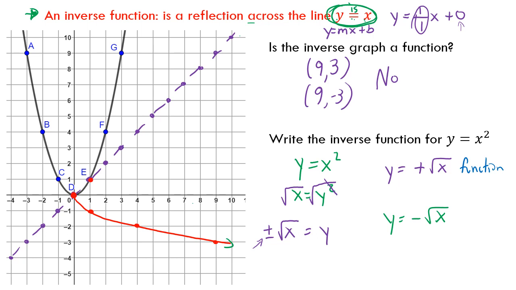If I do the vertical line test, I only hit it one time, which means this is a function. So we are going to be looking at square root functions where sometimes they're positive in the front and sometimes they're negative in front, and they just make these little arcs heading towards the right side. You'll see what I mean in the next slide.